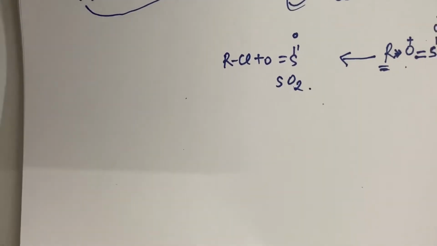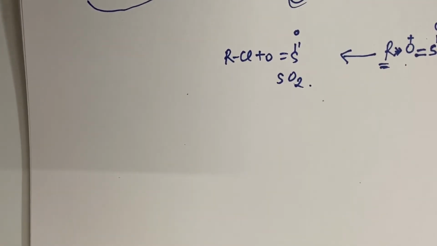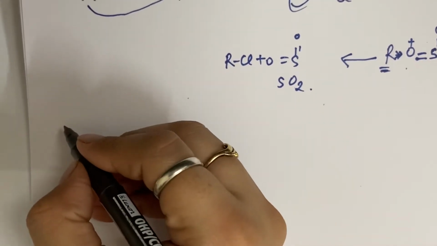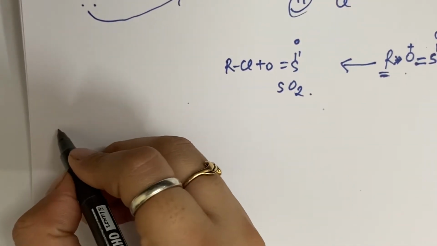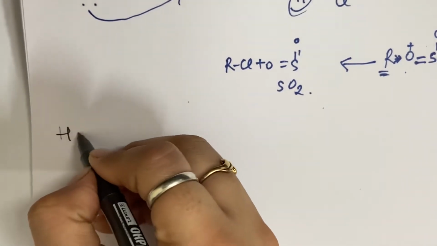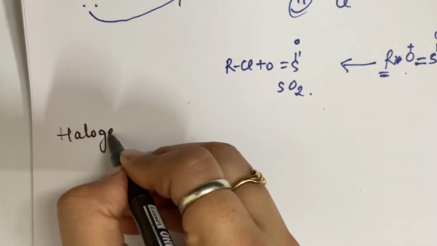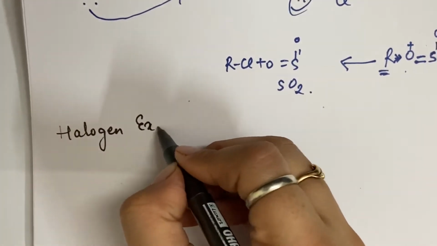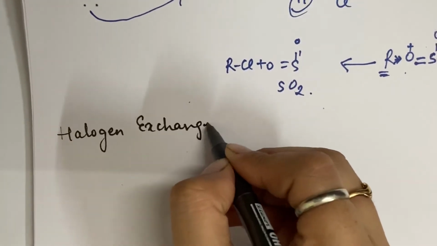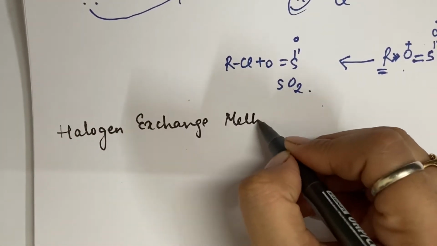So now we can go forward to the next preparation of haloalkanes, which is the halogen exchange method. So make your own notes, that is very important. Halogen exchange method.